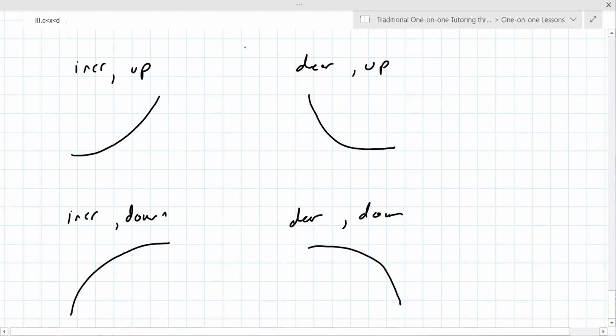You have to know these 4 really well so that you can identify them. I don't understand the increasing down and the decreasing up. Recall that increasing means it's going up and to the right. Is this one down here going up and to the right? Yeah, so it's increasing. But why the concave down? Because it doesn't hold water.